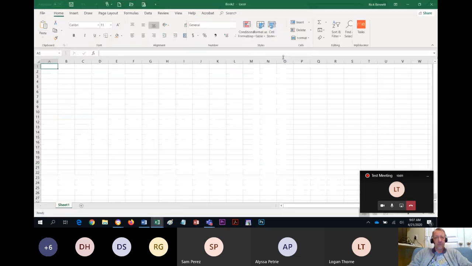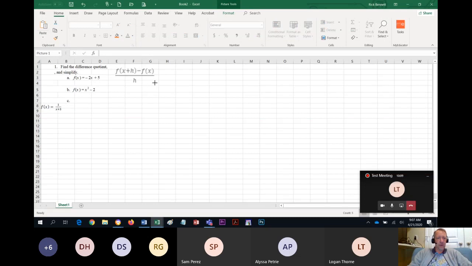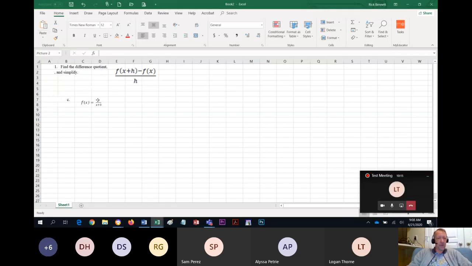Okay, so let me paste it here. And we only cared about find the difference quotient. Part C is 1 over x plus 3. Okay, so the first thing we need to figure out is what is f of x plus h?